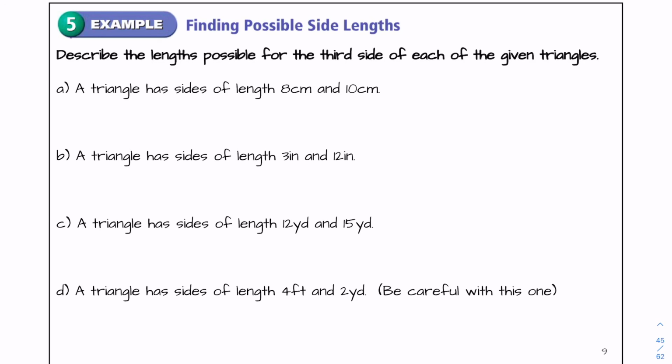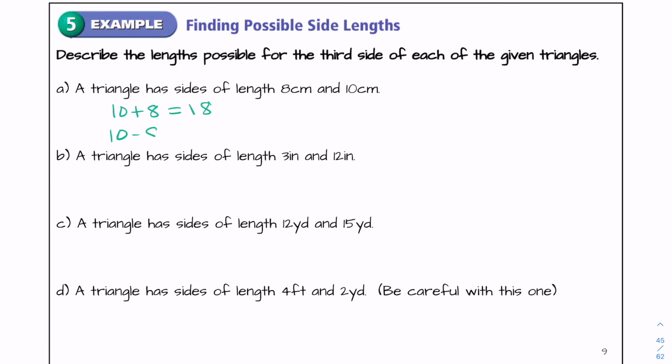So what we have to do for this one is we have to do 10 plus 8. So we're always going to take the larger and add the smaller to it. So 10 plus 8 is 18.